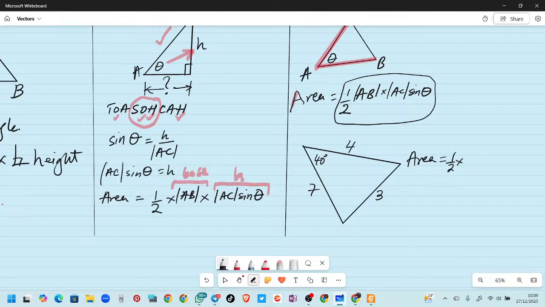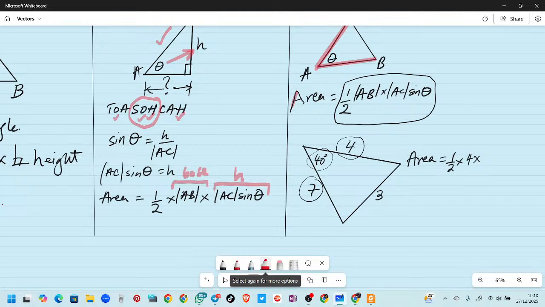In this case, we've been given the measurements already. No, it's not 4 times 3. Where is the angle? It's in between which two numbers? 4 and 7.